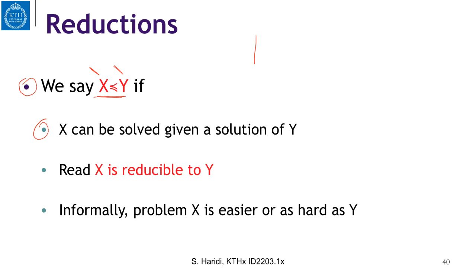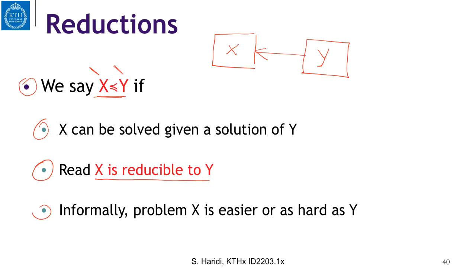So here we want to solve x, and this can be solved given a solution of y, which basically says we can implement x given a box that gives us the properties of y. And we can read it as x is reducible to y. Informally, this says that x is an easier or as hard problem as y.